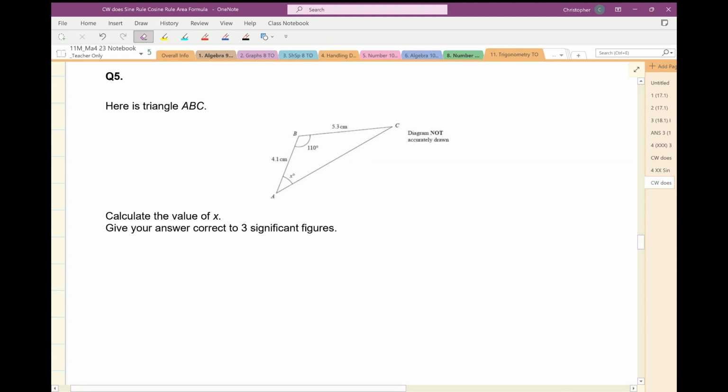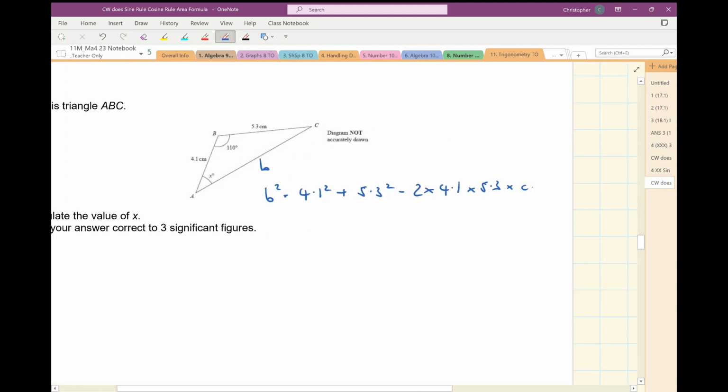What I'm going to start by doing is using the cosine rule to find that side b. So b squared is going to be 4.1 squared plus 5.3 squared minus 2 times 4.1 times 5.3 times cos the angle in the middle, cos 110.